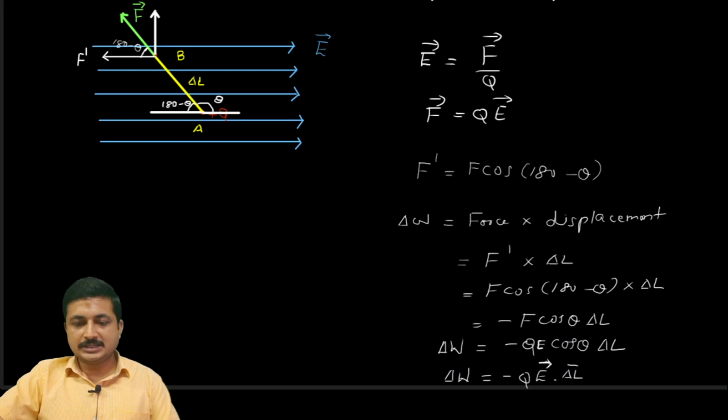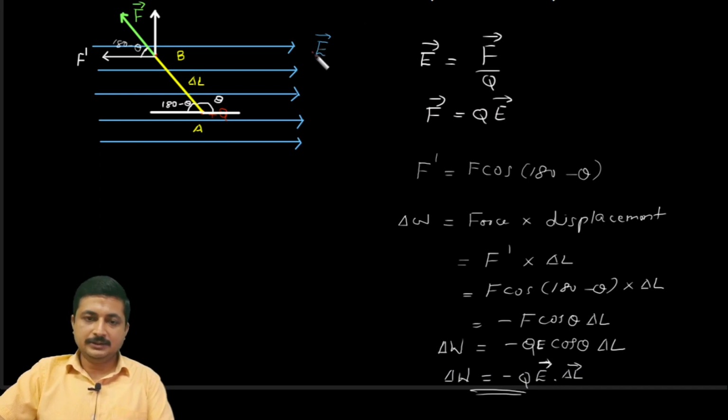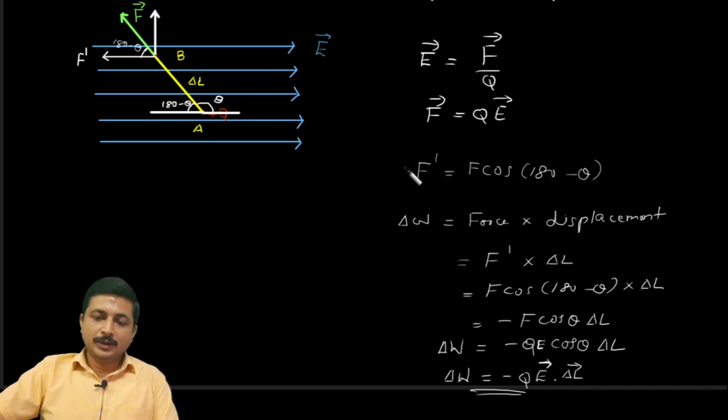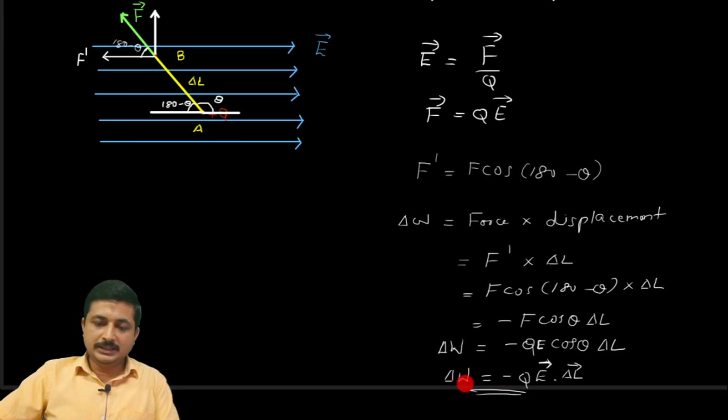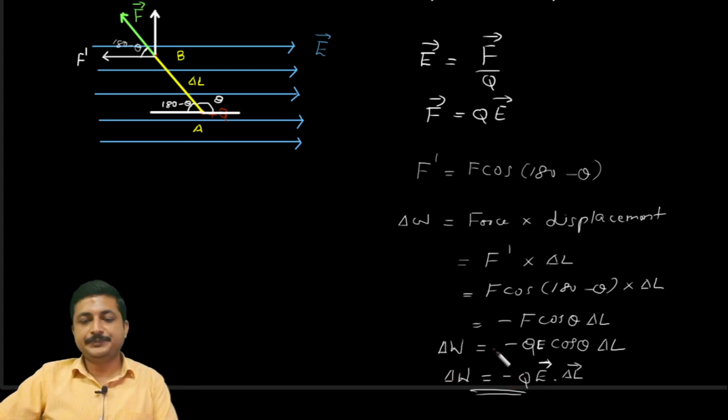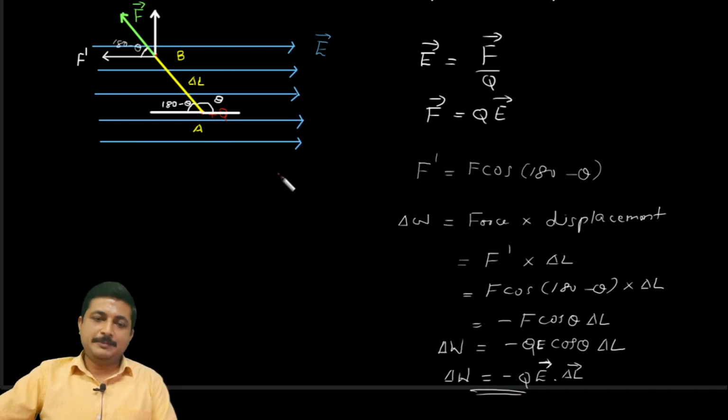So this is the expression for energy expended or work done in an electric field. Now you should be able to infer why the work done is negative. You have to remember the swimming example which I told at the beginning of this discussion. Here you are moving against the field. What is happening when you are moving against the field?